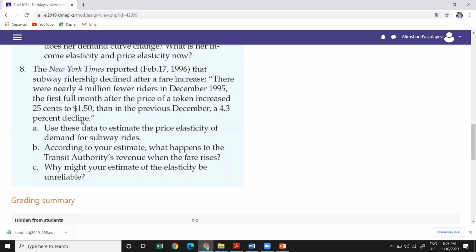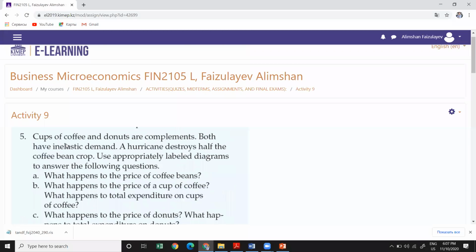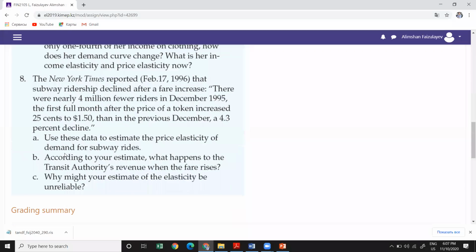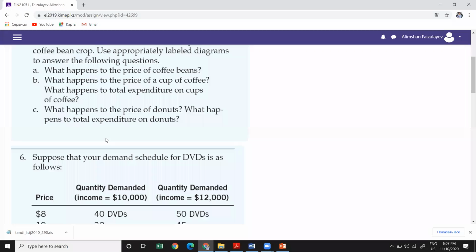Try to do it on your own. If you do only one question or two questions, it will be your own effort. You can start doing it now. I will not take any attendance, because submitting the activity will be counted as attendance.